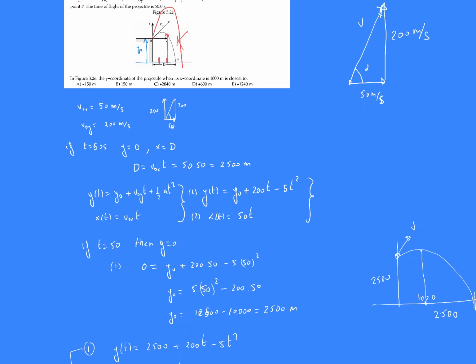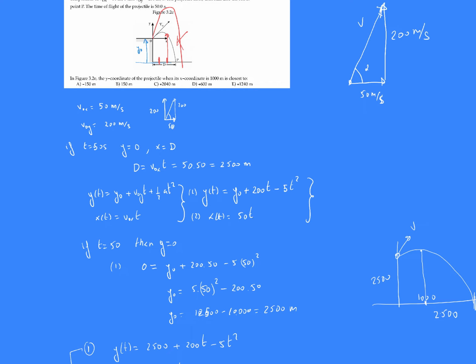In our case it will be y0 plus v0y, which is 200, times t, with a equal to minus 10, minus 5t squared. So I have two equations. Equation 1 for the y is this one. For the x, it is v times t, where v0 is 50.